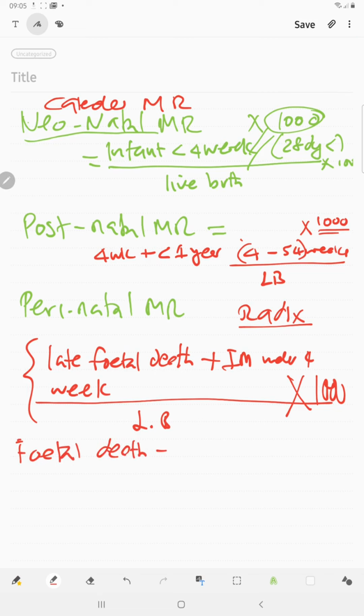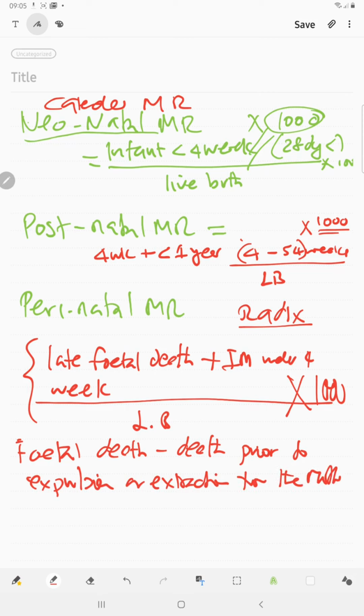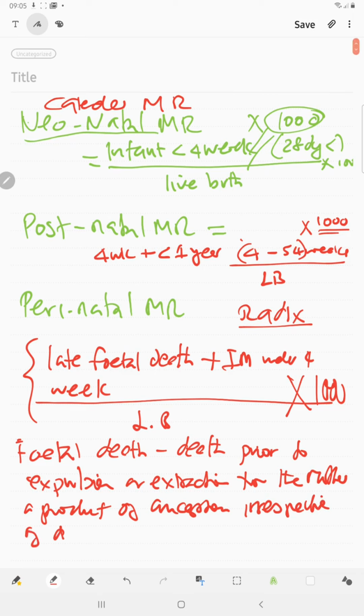Fetal death is defined as the death prior to expulsion or extraction from the mother of a product of conception, irrespective of the duration of pregnancy.